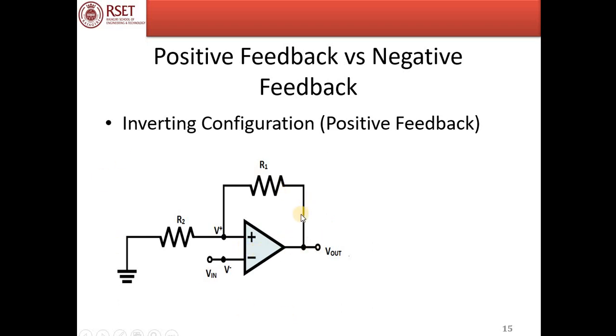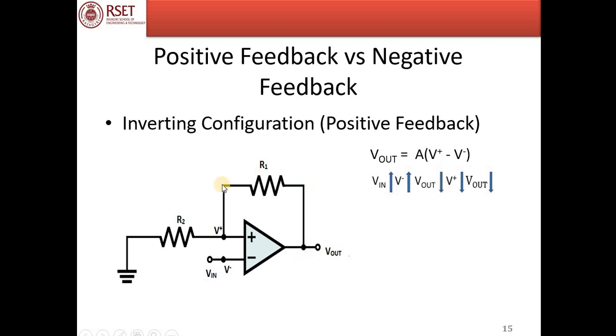Let us see how this works. We know that the output of the op-amp, Vout, is equal to the gain times the difference between voltages at the terminals, that is, V plus minus V minus. In this case, when V input increases, it is being directly fed to the inverting terminal. So V minus increases. As per this equation for V output, when V minus increases, V output decreases.